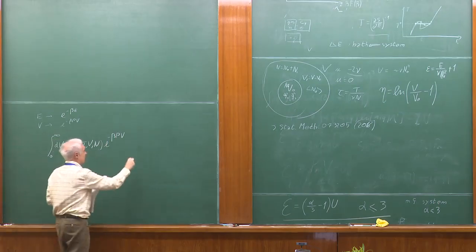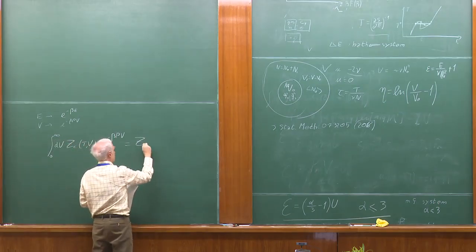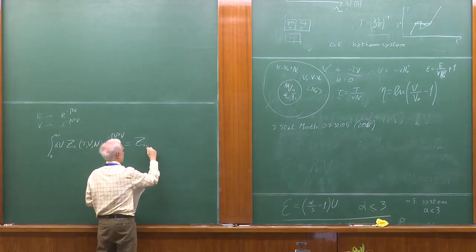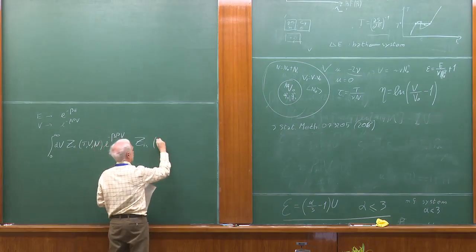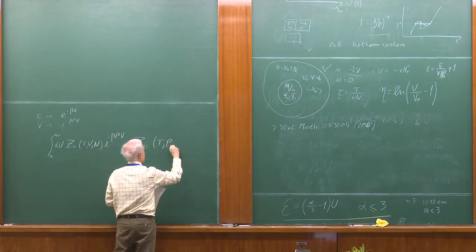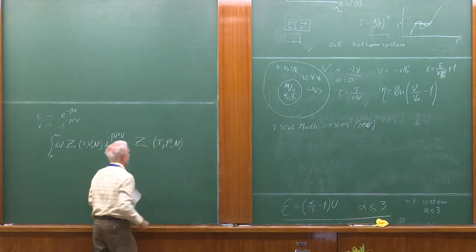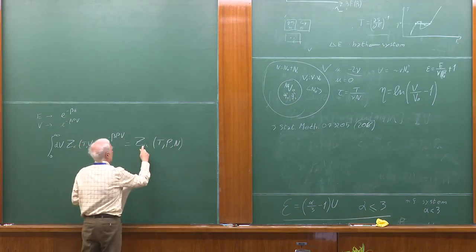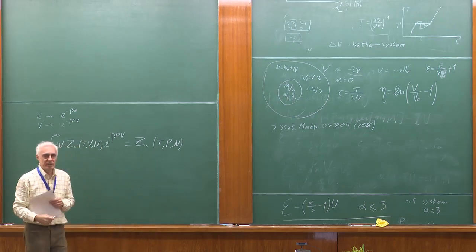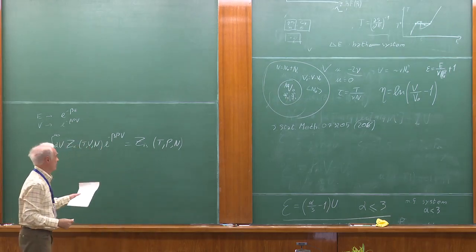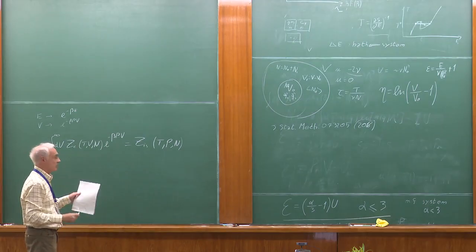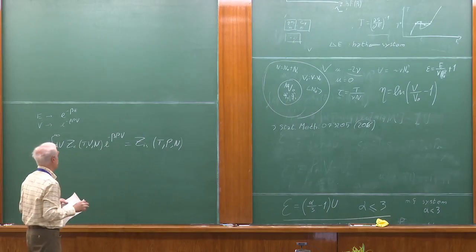This will be a function of T, P, and N. Now I tell you the meaning of IS: it stands for isothermal isobaric, because the bath has a given temperature and a given pressure.